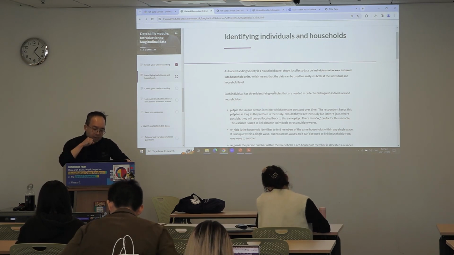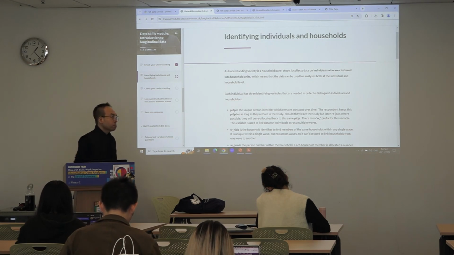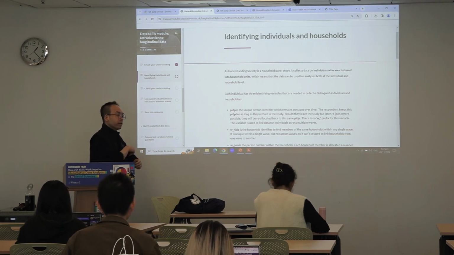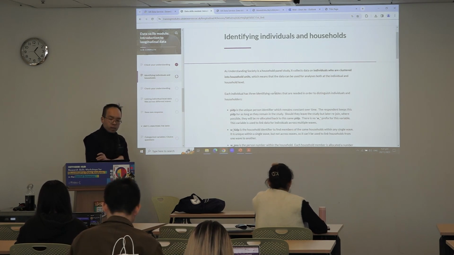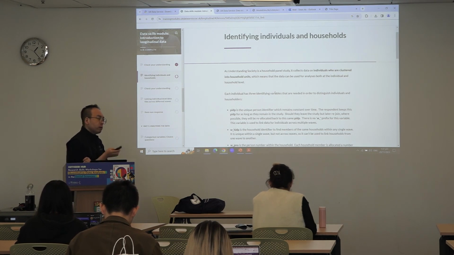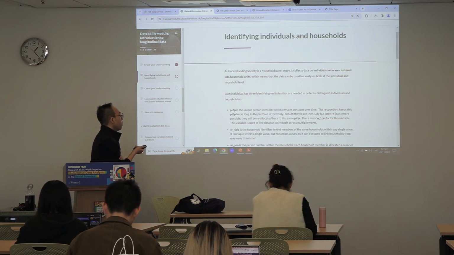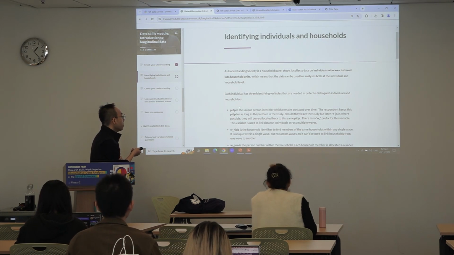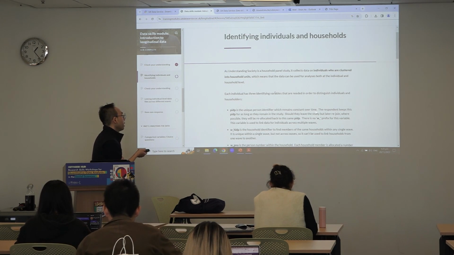And then we can analyze the series of data at 2 different levels, individuals and households. And when we talk about merging or matching data, you can do so by looking at the publicly available personal ID, okay?